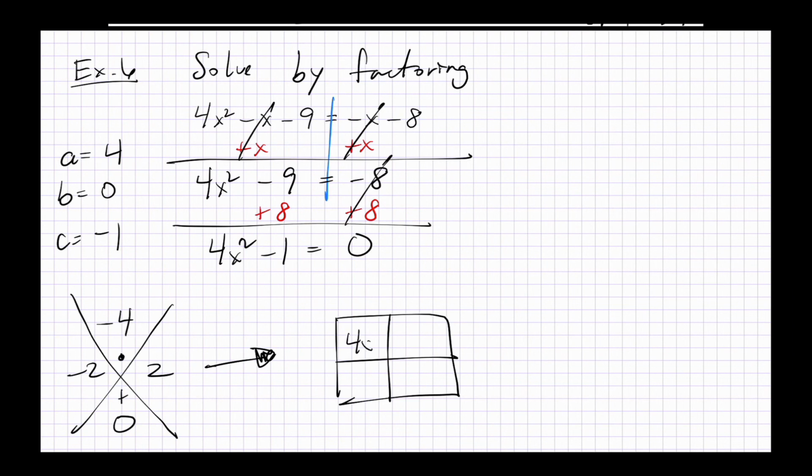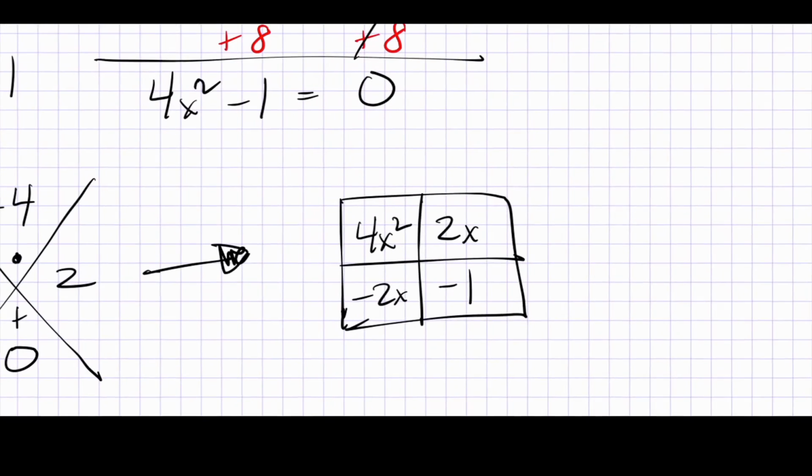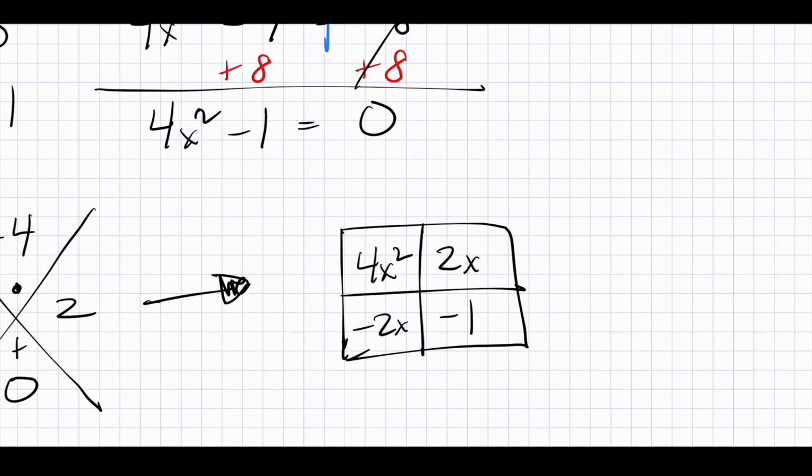So I got 4x squared minus 1, and then I have a positive 2x and a negative 2x. Okay, so I have two options, 4 and 1 or 2 and 2. Well, I think it's going to have to be 2 and 2 because I see a 2 here and a 2 here.